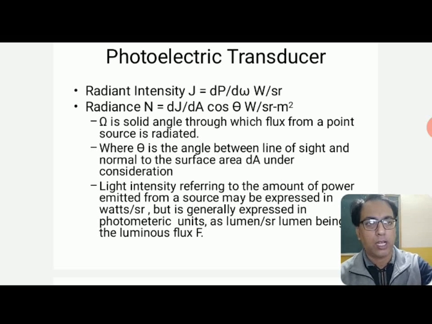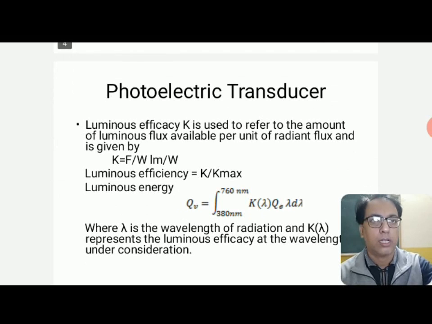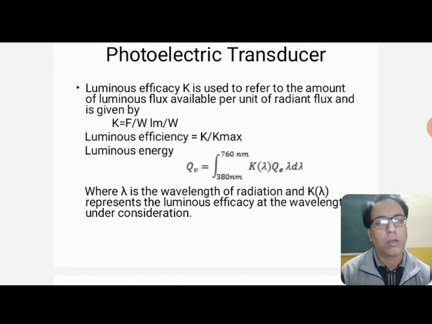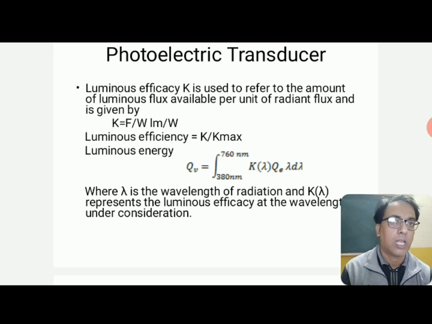So these were the radiometric units, and there is one more important parameter or unit, that is luminous efficacy, which is given by capital A, and is used to refer to the amount of luminous flux available per unit radiant flux.